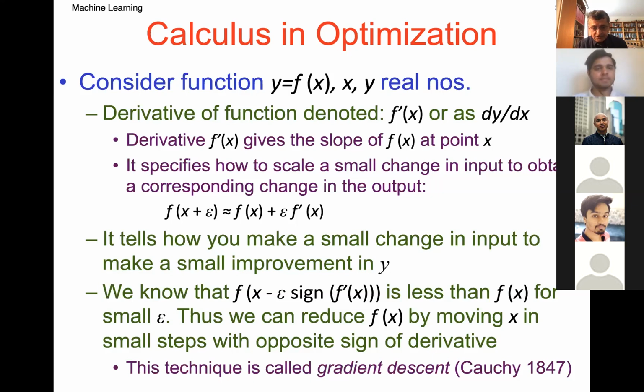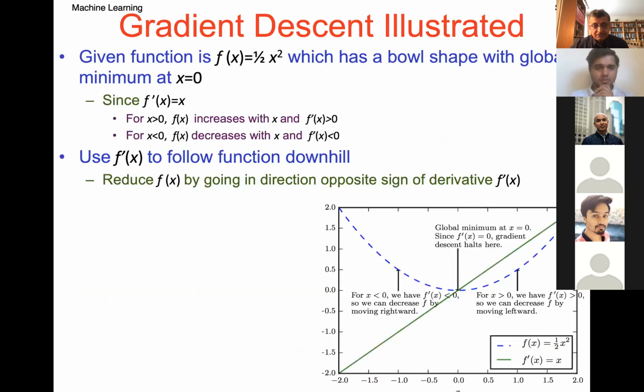Thus, we can reduce f of x by moving in small steps with opposite sign of the derivative. So it is trying to answer the question of why we are taking a negative when we are updating the weights. So it goes back to gradient descent of Cauchy, 1847, right?